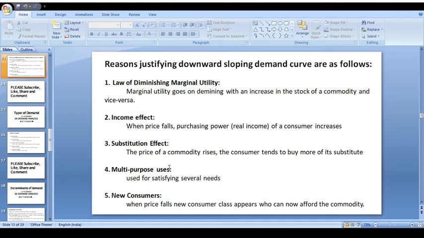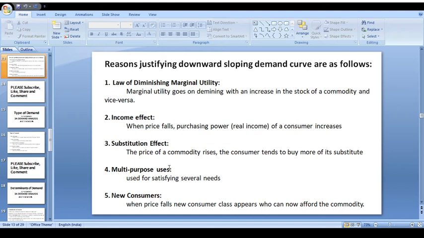And our next and last reason is the new consumer. When the price of a commodity falls, a new consumer class appears who can now afford the commodity.